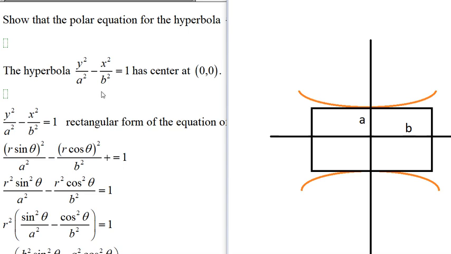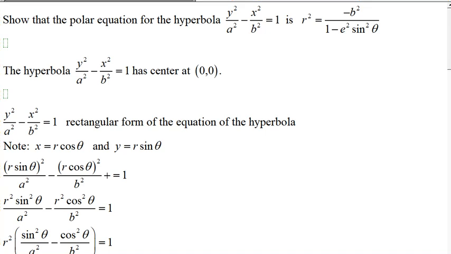And so once again, we want to find the corresponding polar equation for this hyperbola. We have y squared divided by a squared minus x squared divided by b squared equal to 1. We use the formulas relating the rectangular system to the polar system.